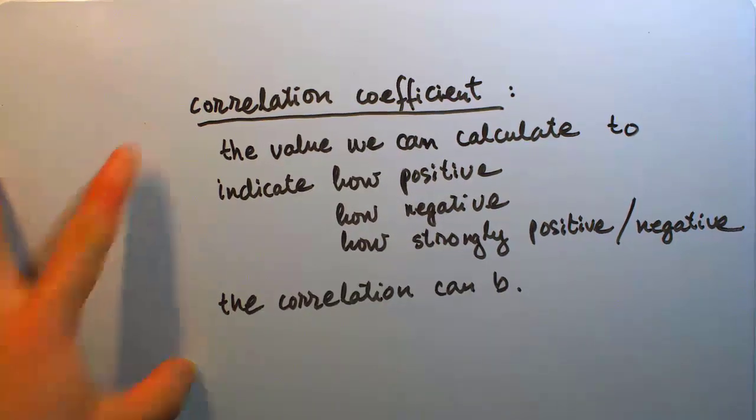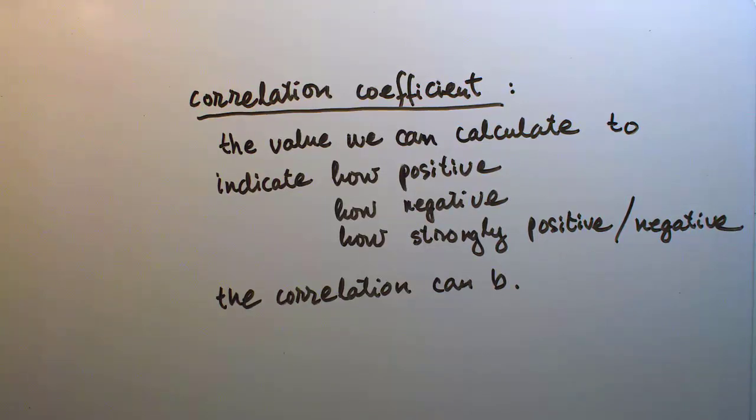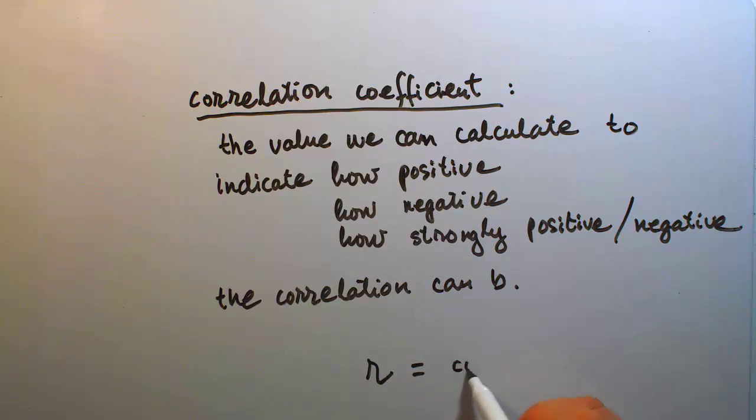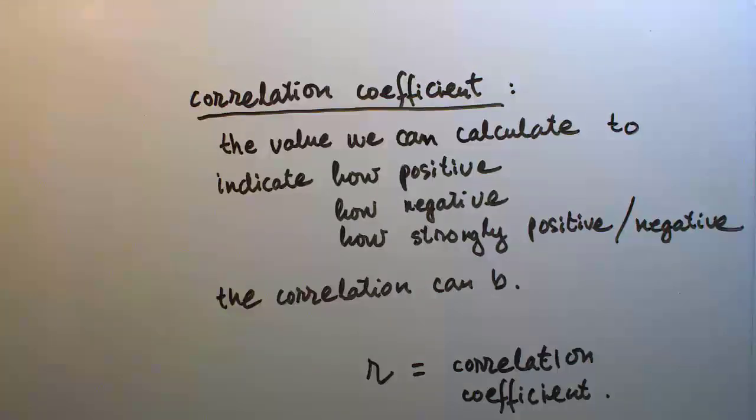That's the whole purpose of coming up with this correlation coefficient. Every pairwise data set, as we're studying here, has a unique correlation coefficient. And we use a lowercase letter r as the symbol for correlation coefficient. It's just the symbol for the calculation for the math that comes later.